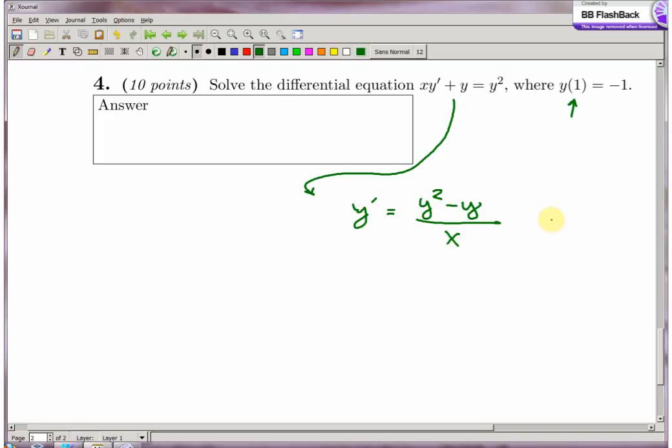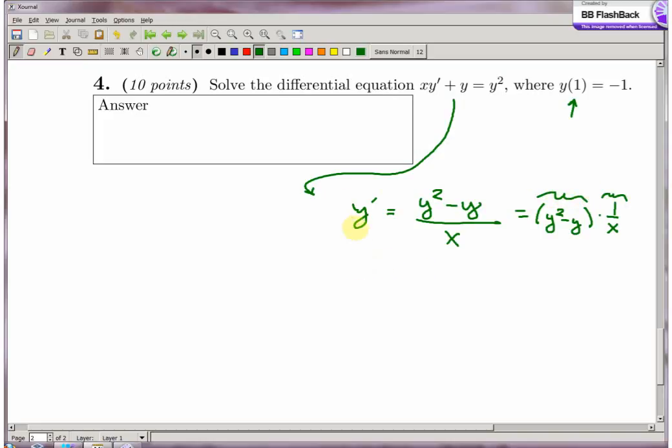So I have separated things into a function of y times a function of x. If you don't believe me, think of it as y squared minus y times 1 over x. So here's your function of y, and here's your function of x.